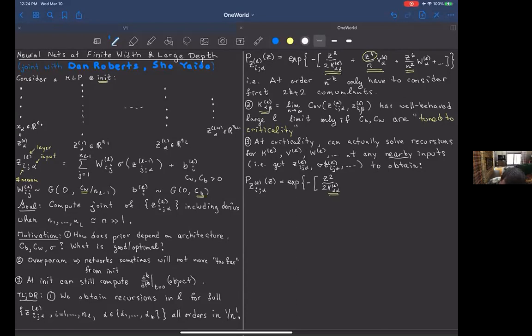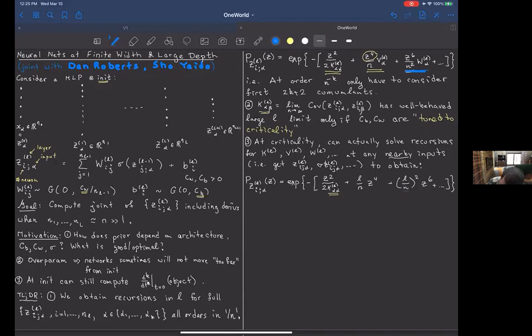But then the other terms exhibit a very interesting structure. The next term turns out to be proportional to depth over width times z to the fourth, plus the next term, which is proportional to depth over width, quantity squared, times z to the sixth, and so on. So what we learn is that although a priori this term here, for example, was 1 over n suppressed, and you might say I don't care about it, actually it's not really 1 over n suppressed.